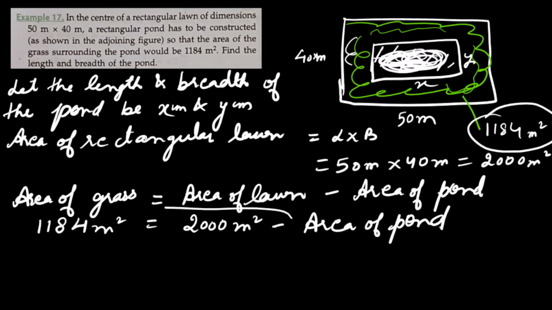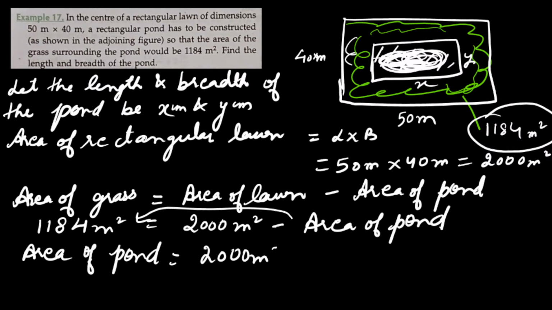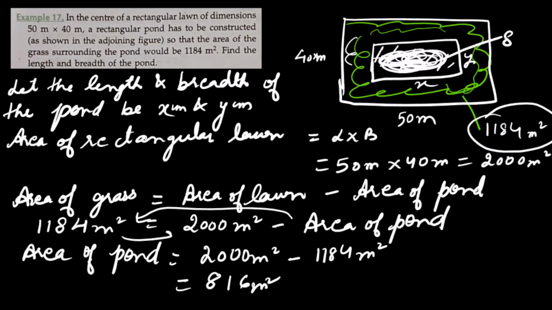If we shift the area of pond to the other side, it becomes positive, and if I shift 1184 to this side, it becomes negative. So area of the pond is 2000 minus 1184, which is 816 meter square, as you people have answered here. So its area we found, but this is not the question.